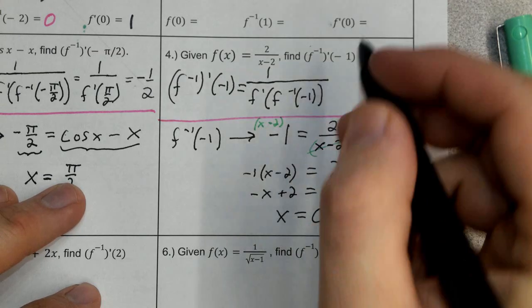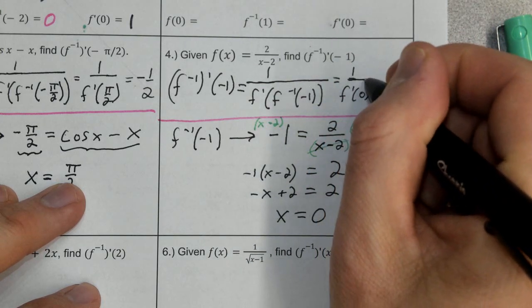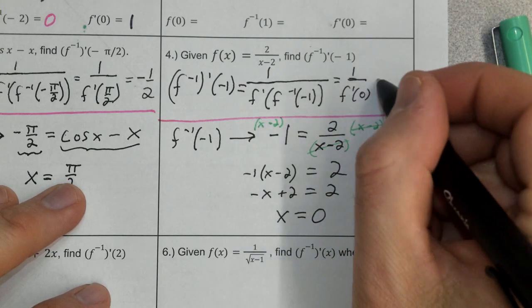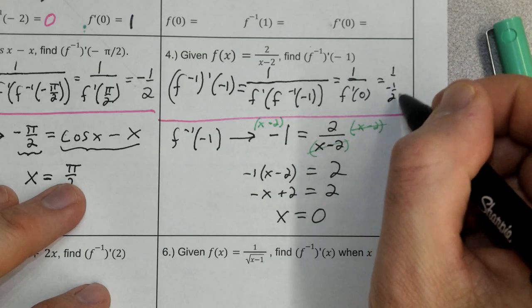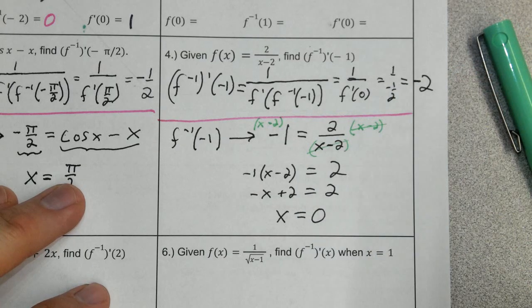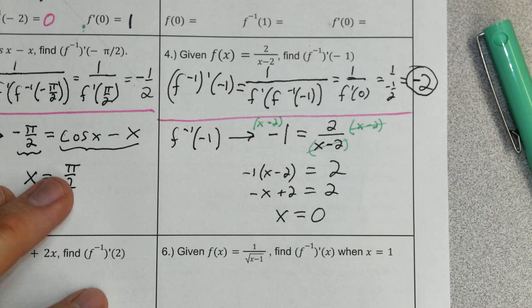Okay. So that means that I want to know what is 1 over f prime of 0. Okay. Well, again, go to your calculator, figure out that f prime of 0 is equal to negative 1/2, and so you end up with a negative 2 for your answer there. Sorry, going off the box there. But anyway, you get negative 2.